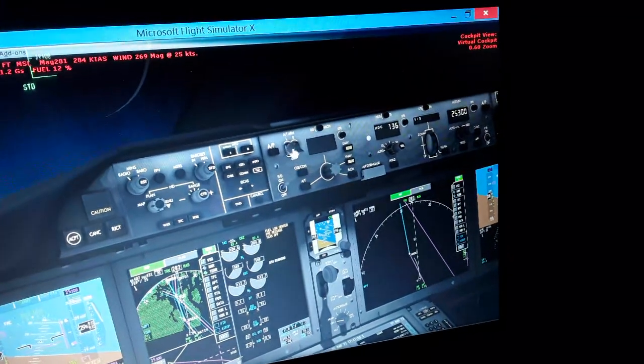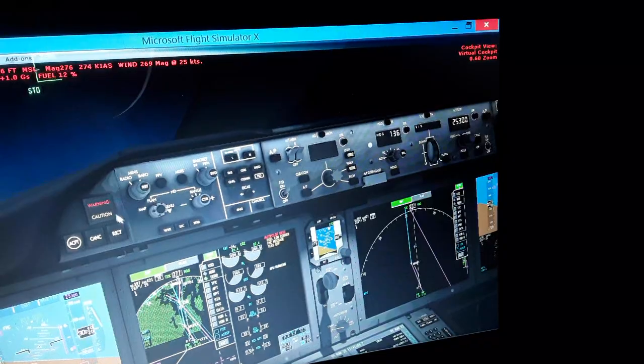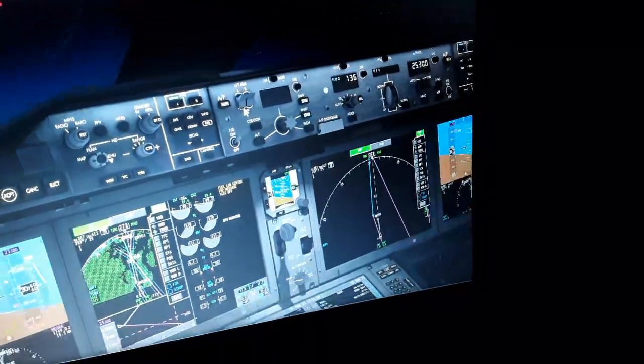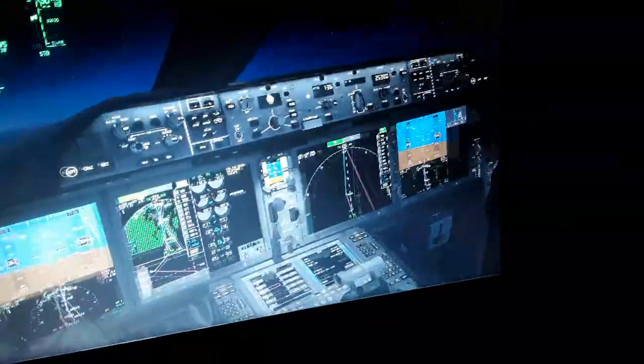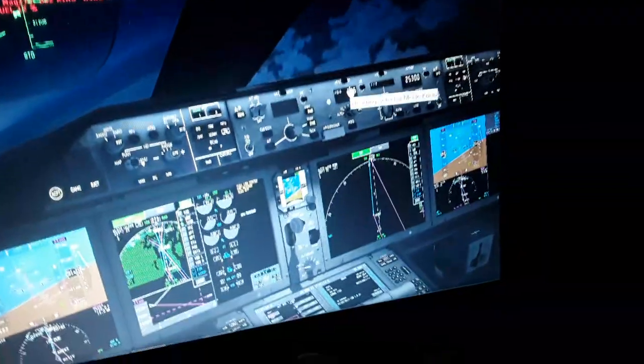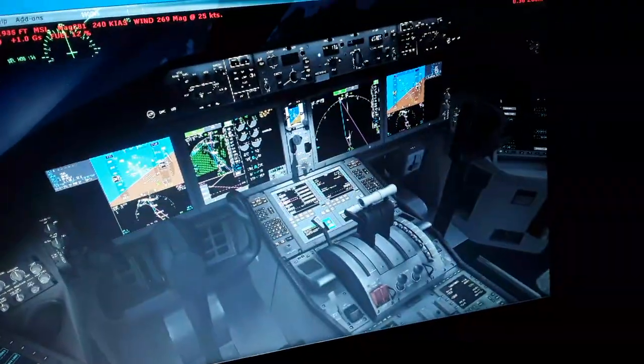Back. We can also tune the autopilot, I believe. So give us a rate for descent. We cross 31,000.